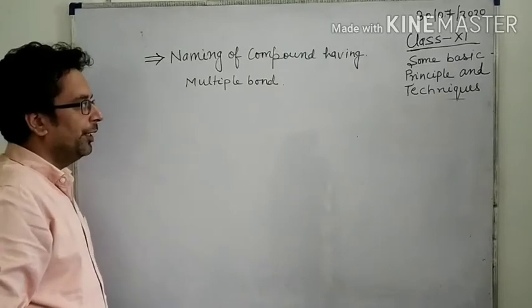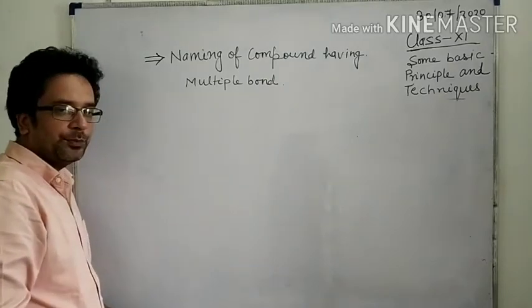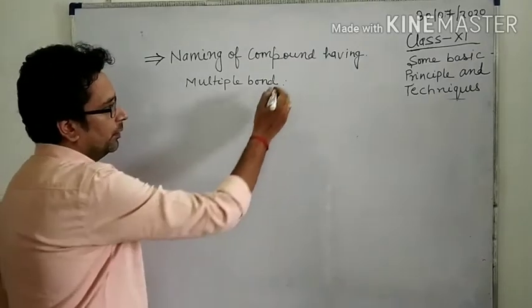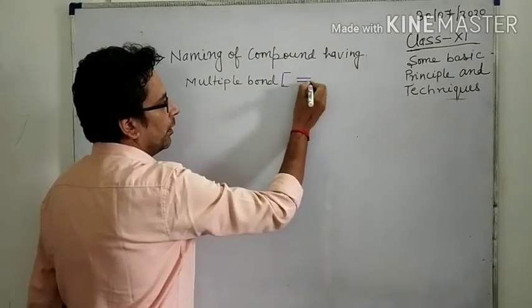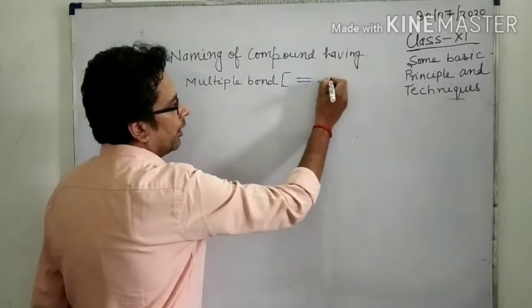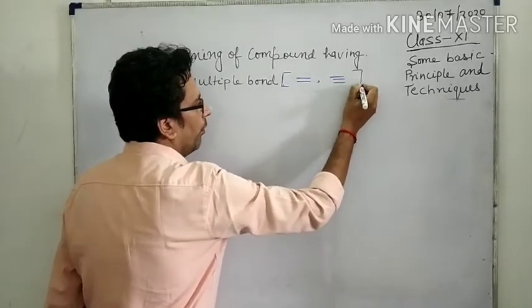All of you know very well that multiple bond means double bond or triple bond.